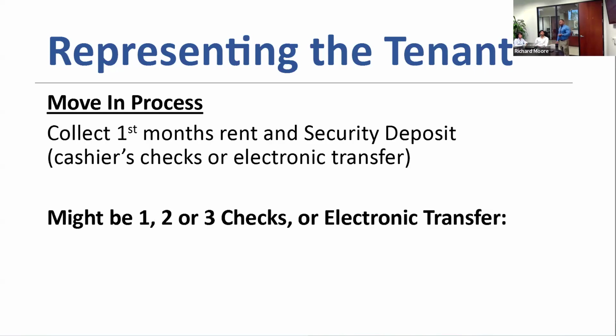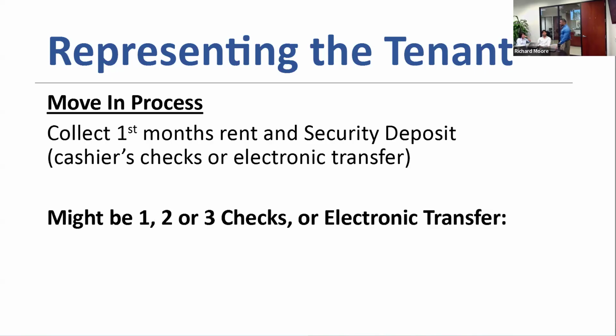Now, if the tenant is paying commission, let's say the landlord agrees to pay commission for the listing and the buyer's agent, tenant's agent. So it's also gonna come out of the tenant's moving costs. So now you're gonna make a check out to the listing agent's brokerage for the commission, one for the buyer's brokerage for the commission, and then the remainder of it's gonna go to the landlord.